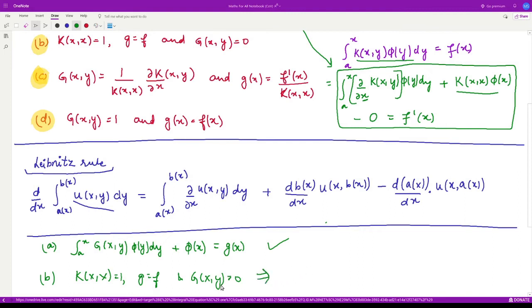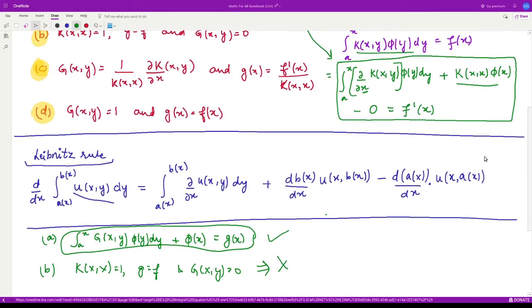Here g(x,y) is equal to 0, g is equal to f, and k(x,x) is 1. So this term becomes 1, this becomes f as such, and this becomes 0. So we do not reach this form. So this option is discarded. Just substitute the values and you'll see for yourself.